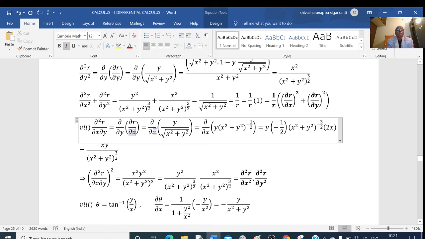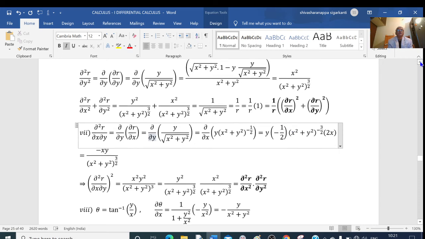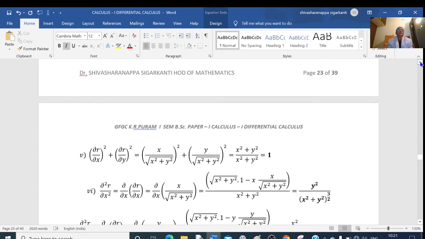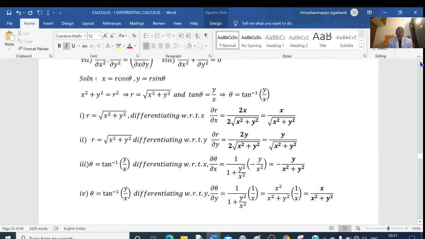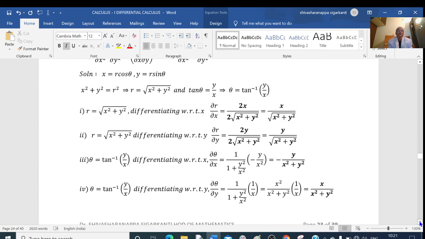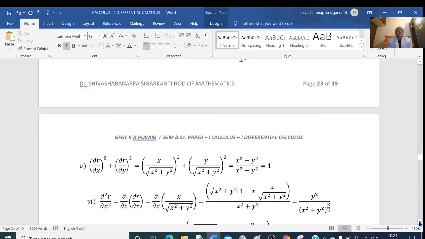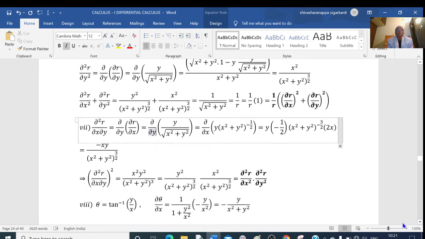This is equal to ∂/∂y of, what is ∂r/∂x here? ∂r/∂x is x by √(x² + y²).